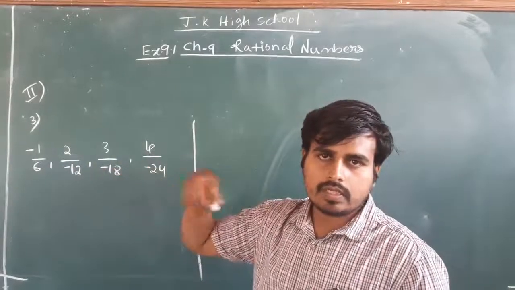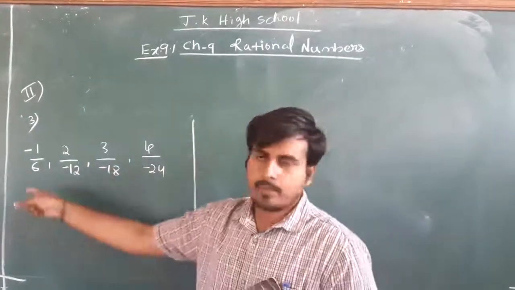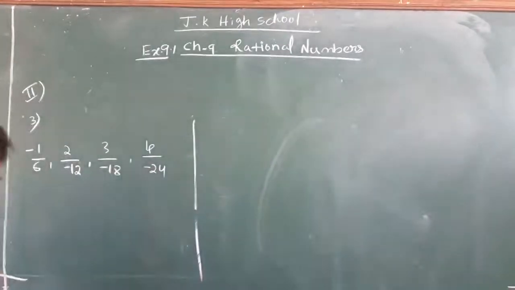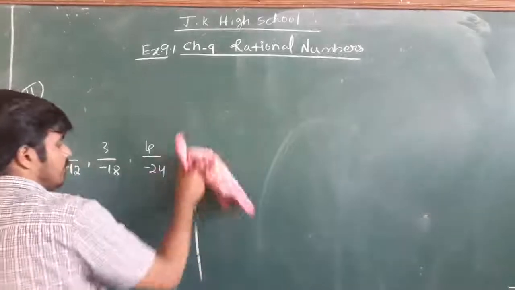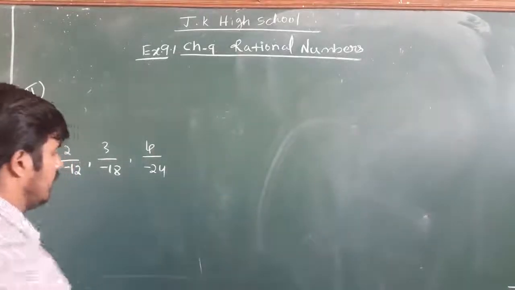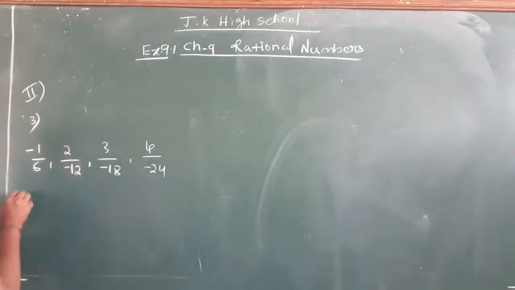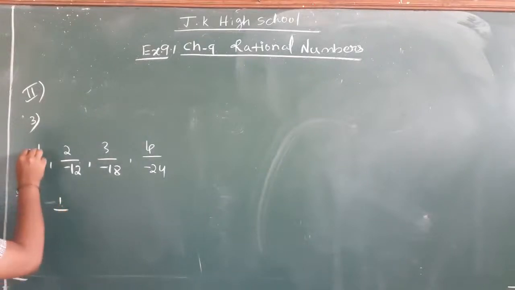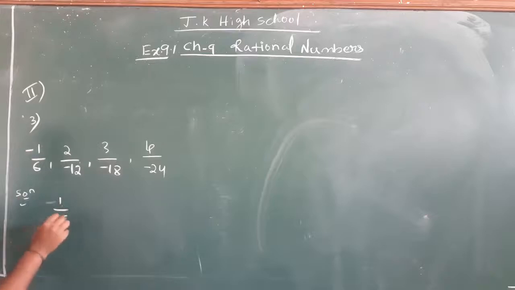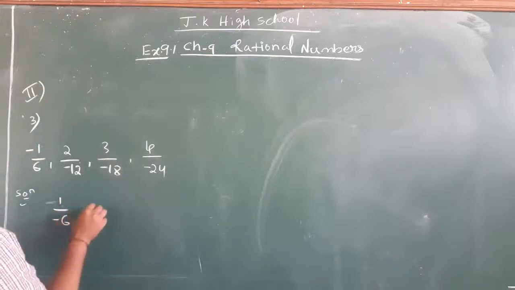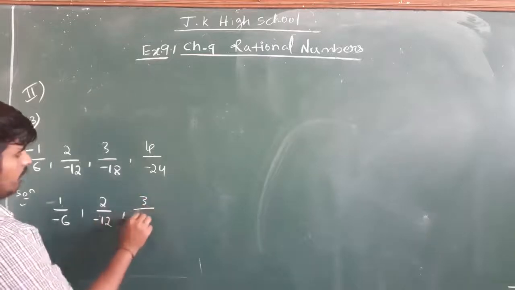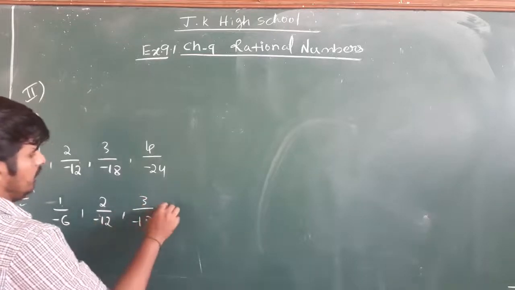For your understanding, in the next step you can write this minus in the denominator. Solution: instead of writing minus 1, I will write 1 by minus 6, which is also the same. 2 by minus 12, 3 by minus 18, and 4 by minus 24.